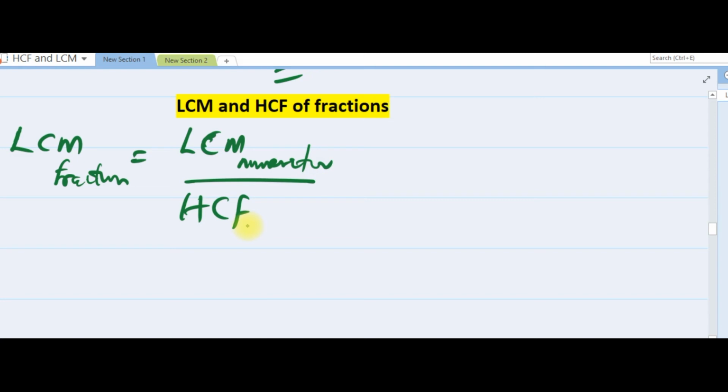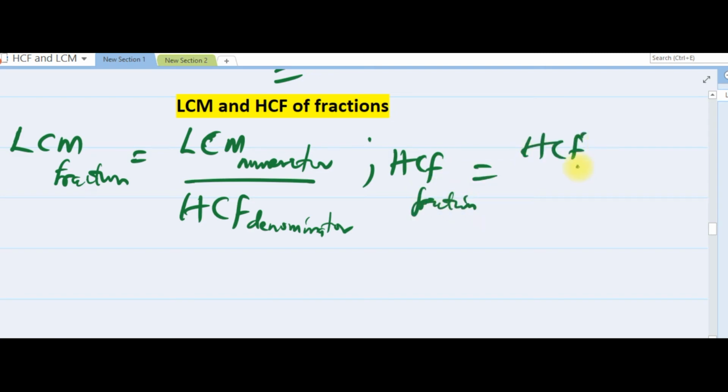And the HCF of a fraction is the HCF of the numerators over the LCM of the denominators. So that's what we have.